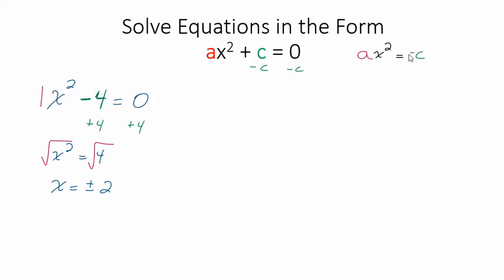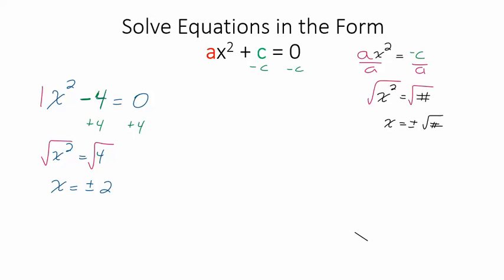It doesn't mean that it's going to be negative just because there's a minus there. And then divide both sides by a, and so you're going to get x squared equals some number, whatever this value is. And then you can take the square root of both sides, and you'll get x equals plus or minus the square root of whatever that number is. Super easy, super fast.